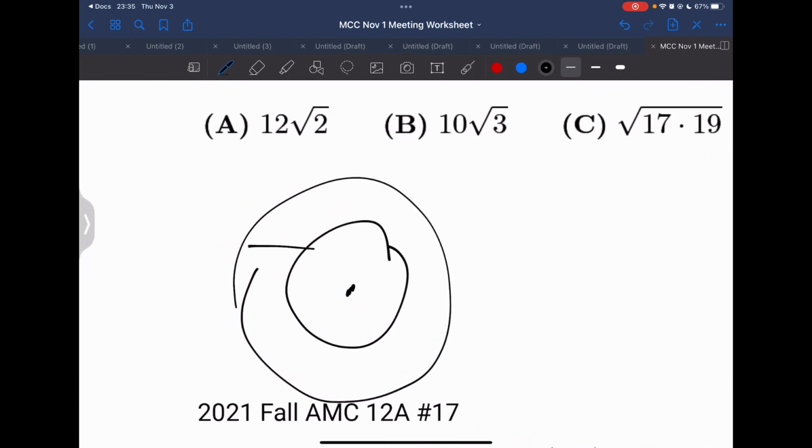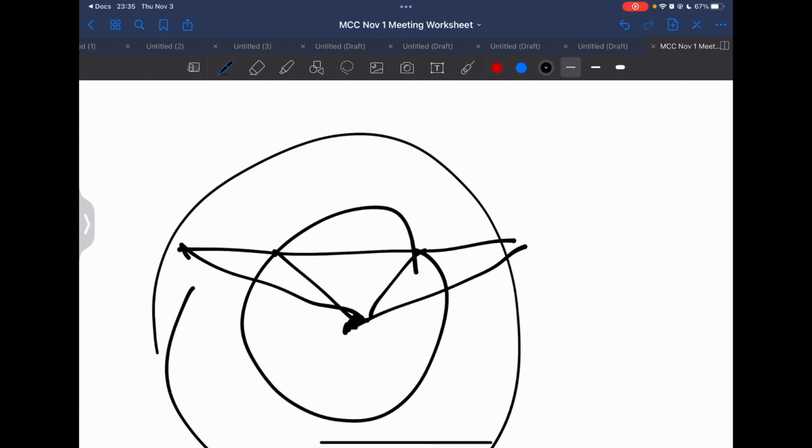So we first draw a chord, and we connect the center of the circle to the chord, and then we draw a perpendicular line to the chord. Because of symmetry, this part is x and this part is also x.